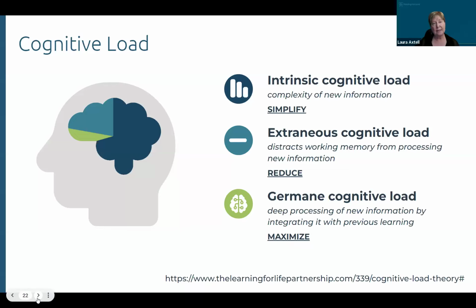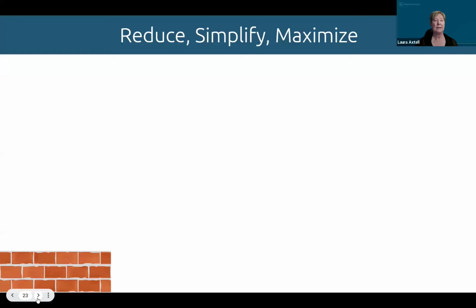As we're planning lessons, as we're working with our students, we want to think about, how do we simplify things? How do we reduce what we're doing at one time? And how do we maximize what we're doing so that we can connect something that's new with less information that's been previously learned? So you're going to see that as a theme over and over again, that we're going to really focus on simplifying, reducing, and maximizing.